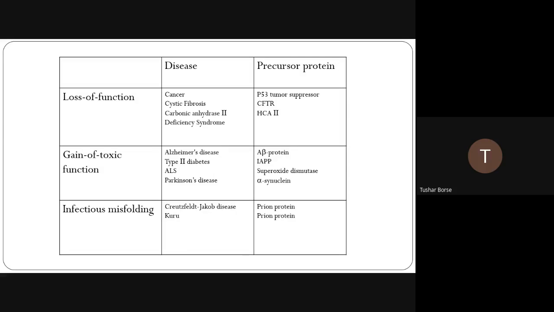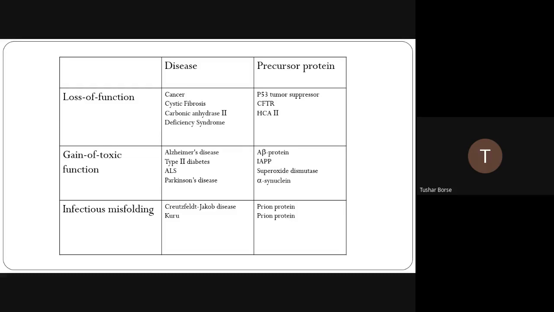The protein precursor for cancer is p53 tumor suppressor. For cystic fibrosis it is CFTR. For gain of toxic function, in Alzheimer disease there is amyloid beta protein. For type 2 diabetes, it's IAPP. Parkinson's disease is alpha synuclein. And in infectious misfolding, it's CJD, due to prion protein.